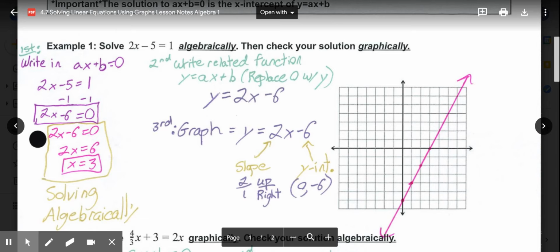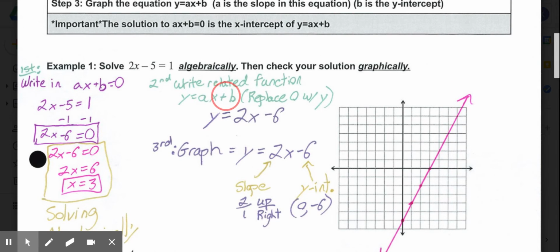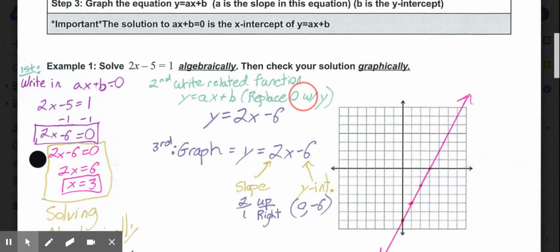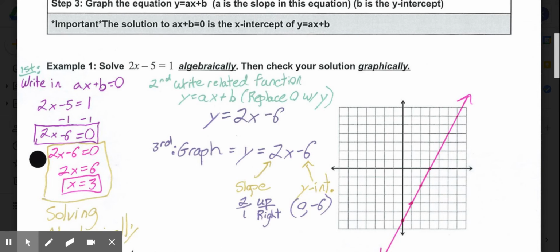So the second step, writing the related function y equals ax plus b. You just take your answer from the first step, ax plus b equals 0, and you replace the 0 with the letter y. So if 0 equals 2x minus 6, our related function would be y equals 2x minus 6.